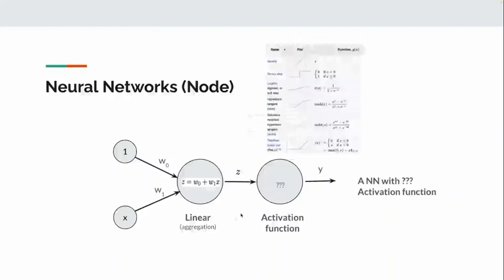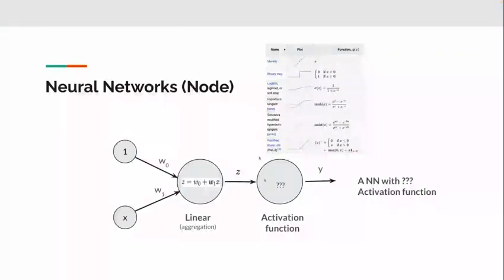In neural network literature, you will encounter different activation functions. For example, the identity activation function, the binary step function, the logistic function that we have just explained, the hyperbolic tangent activation function, and the ReLU or rectified linear unit activation function.